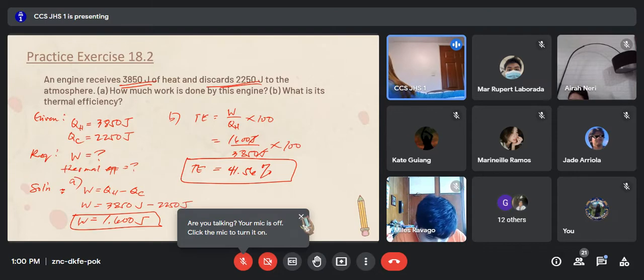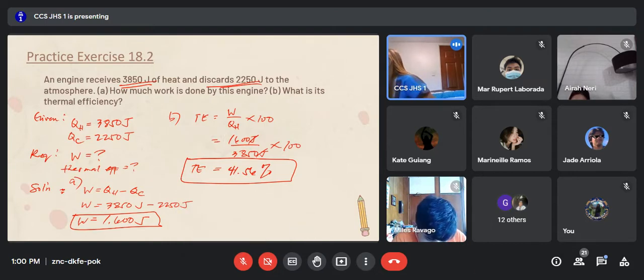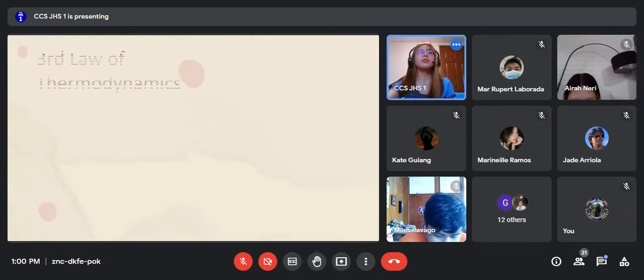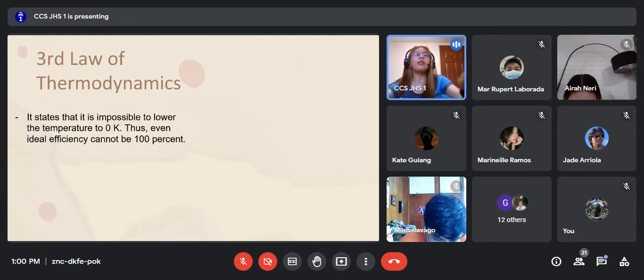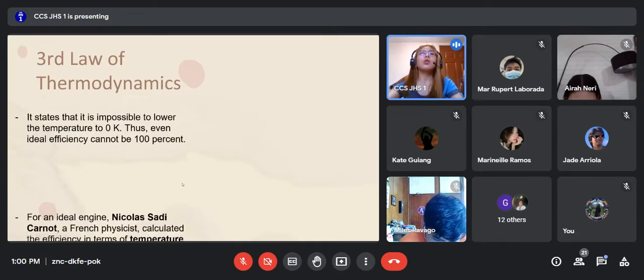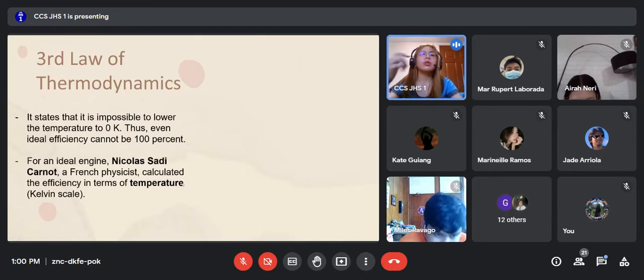Let's proceed to the third law of thermodynamics. It's more on the absolute value of Kelvin. So this one is for absolute zero. Are you familiar with absolute zero, class?